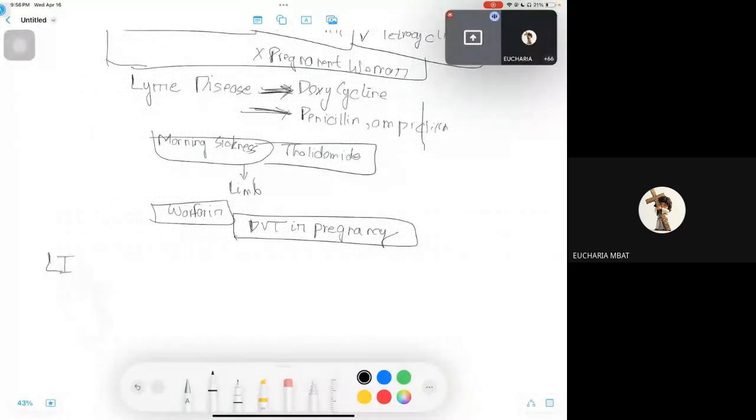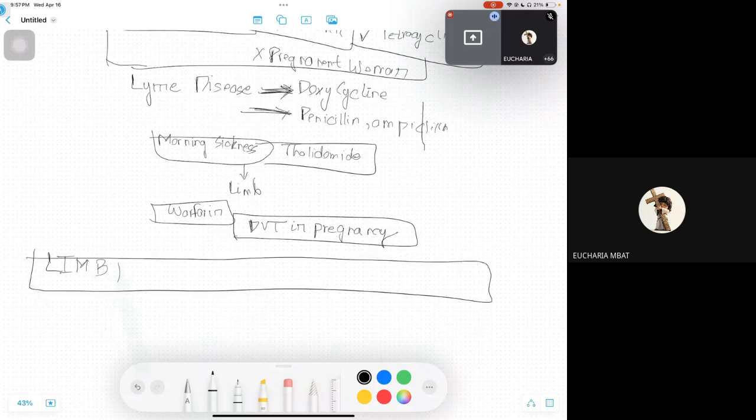So if we summarize, what conditions can cause limb defects in children? The number one would be the FGF gene, and that causes achondroplasia. After that, ACE inhibitors.